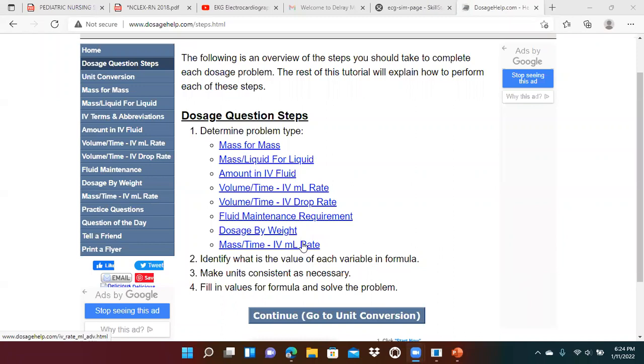Then identify the value of each variable in the formula and make units consistent as necessary, fill in the values for the formula, and solve the problem.